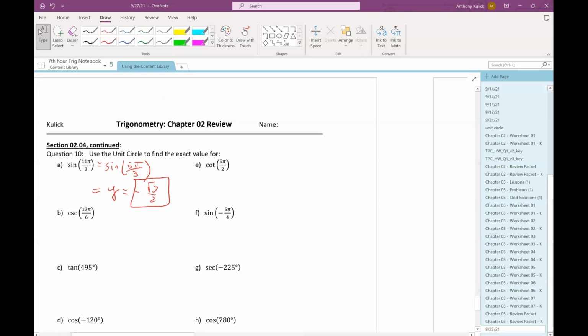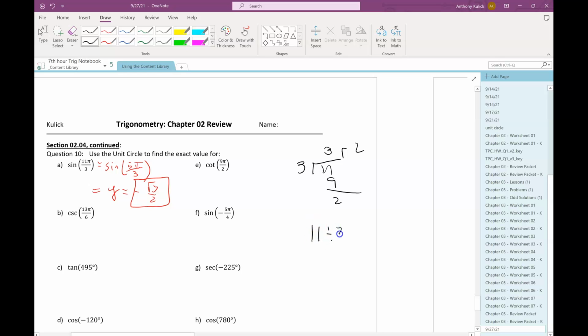So all I did, you know what? Instead, let's do this visually. So if I take 11 and divide it by 3, I get 3 remainder 2, right?